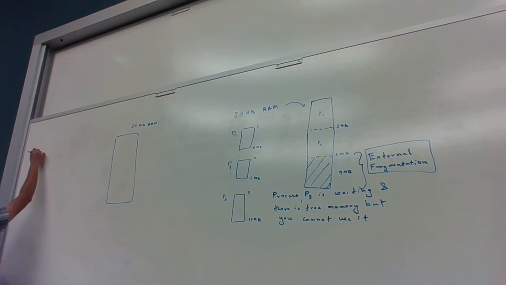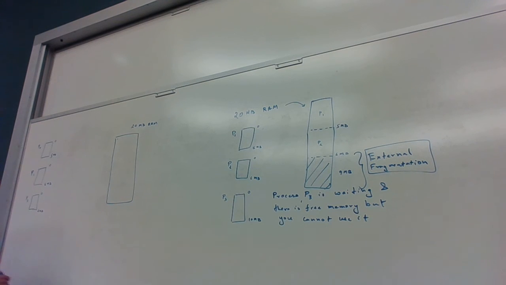Let's say there is a process P0 which takes 5 MB, then a process P1 which takes 6 MB, and then a process P3 which takes 2 MB.